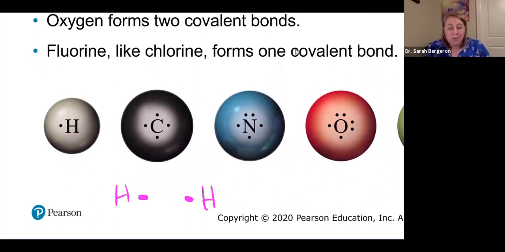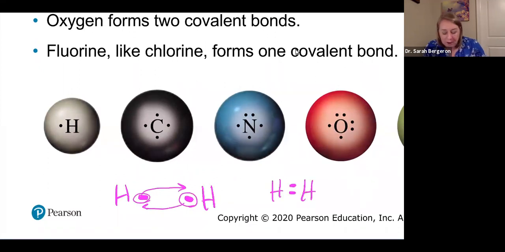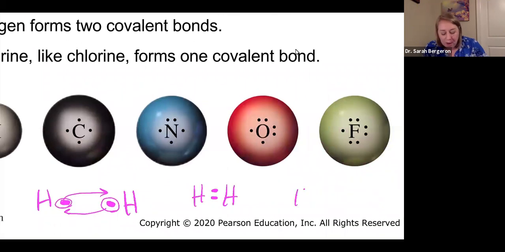So if we have two hydrogen atoms, those two hydrogen atoms can each share their electrons, right? So how would we write this? We would put the two electrons between the two atoms because they're sharing it. And now we draw that as a straight line. So hydrogen wants to form one bond to complete its octet.